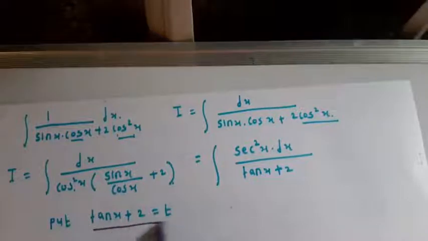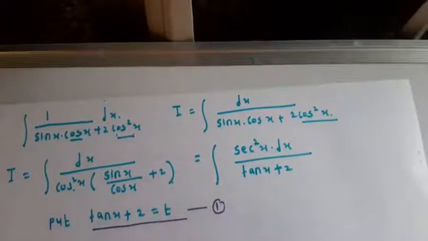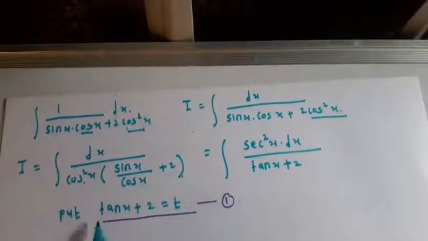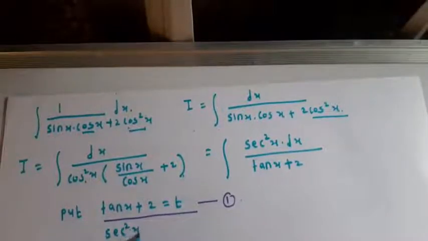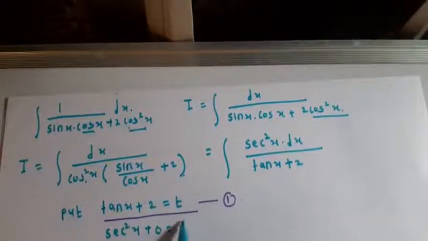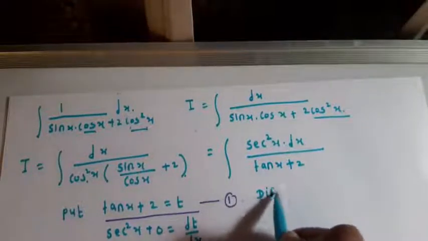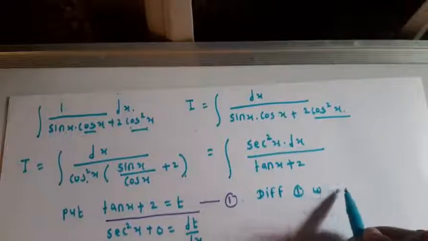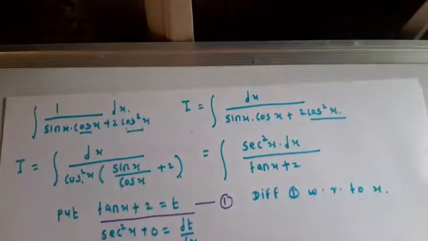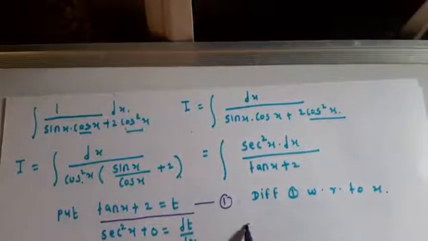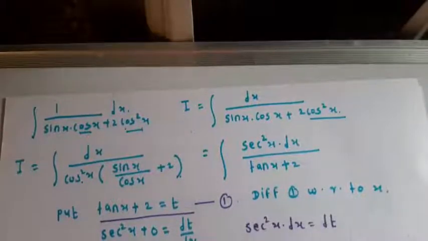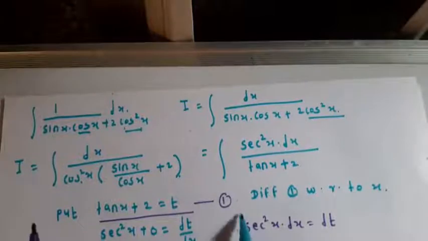The differentiation of tan x is sec square x, plus the differentiation of 2 is 0, and the differentiation of t with respect to x is dt by dx. Hence, shifting the term, we get sec square x dx equal to dt.